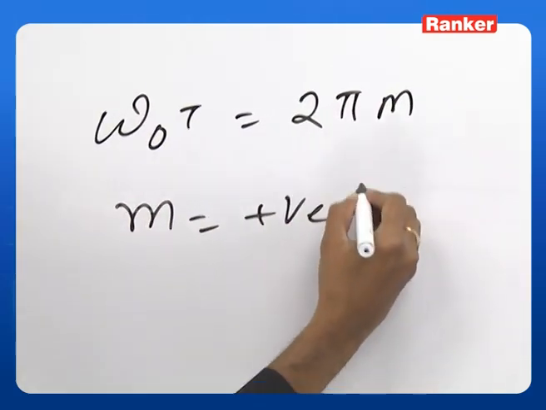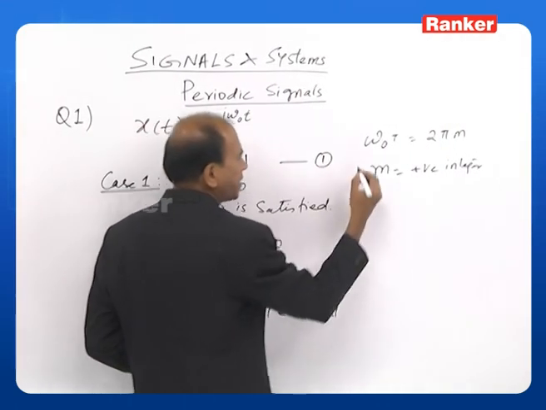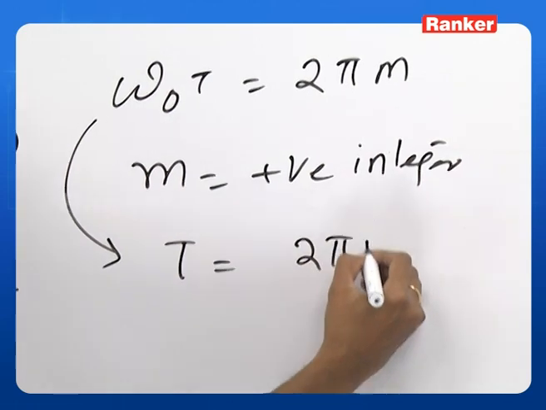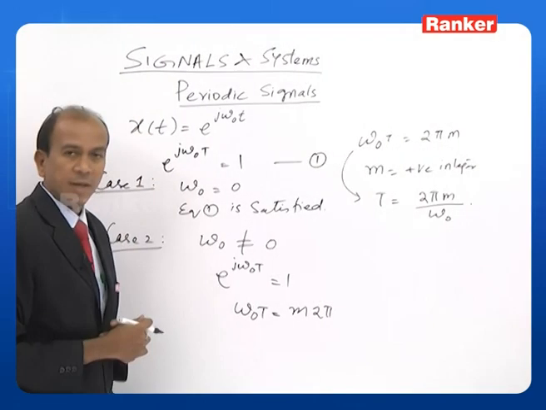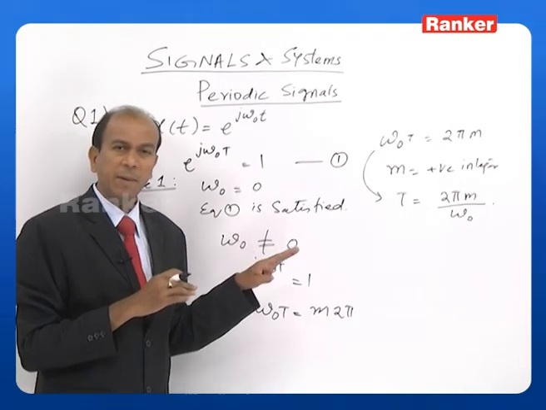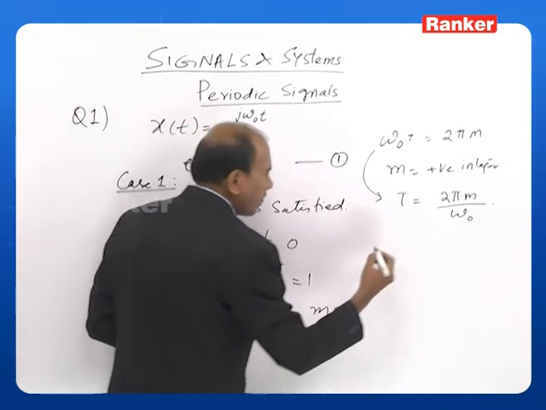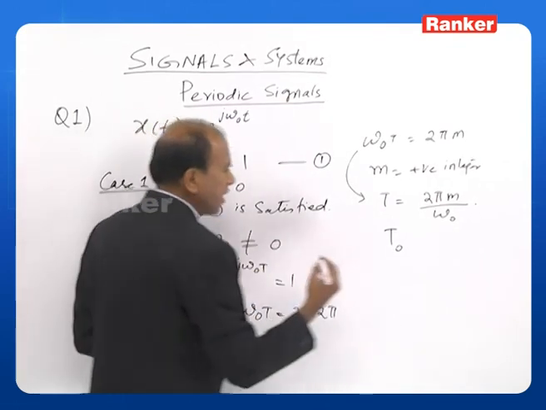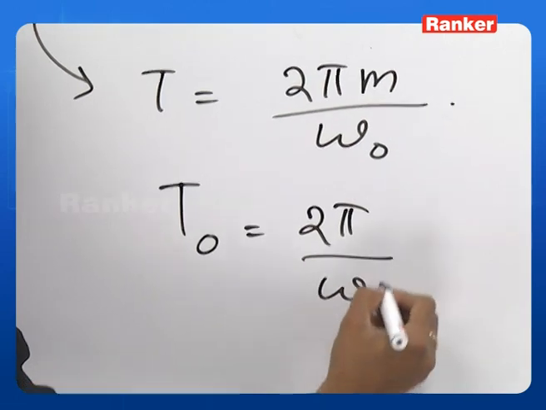From this I can calculate t is equal to 2 pi m by omega naught. Now, how do I get the fundamental period? I will get the fundamental period when m is equal to 1. So, the fundamental period will be represented by the letter t naught, which is equal to 2 pi by omega naught.